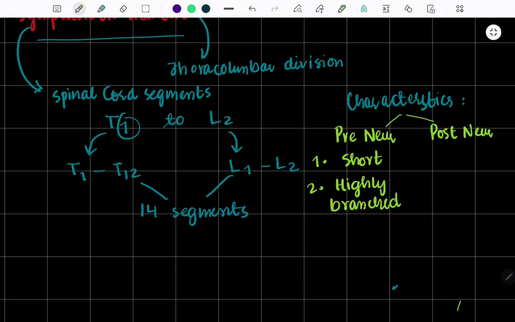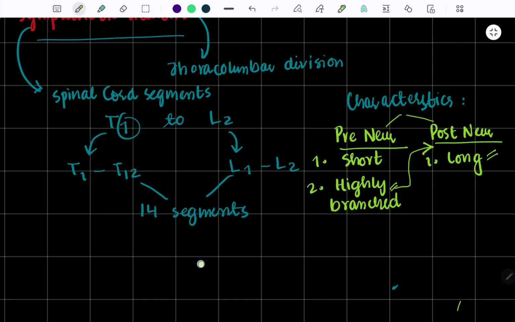But when we talk about the post-ganglionic neurons, we have to remember that they are long, unlike preganglionic neurons. And preganglionic neurons are highly branched, and they're branched to the postganglionic neurons. Let me show you this diagrammatically.